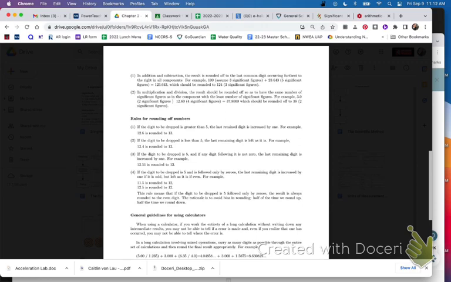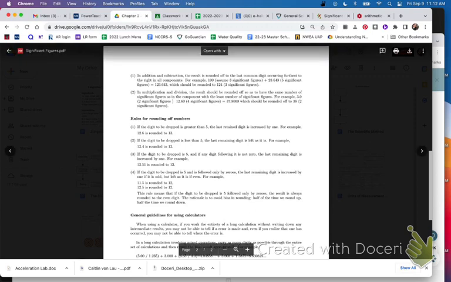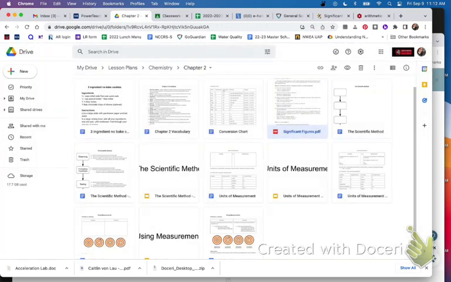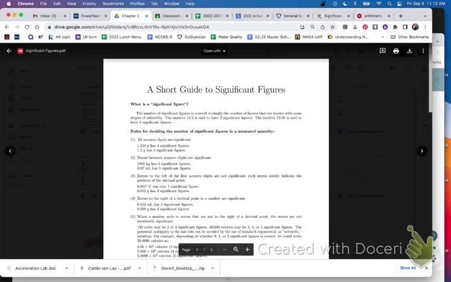Multiplication and division are different than addition and subtraction. When you are multiplying or dividing with significant figures, your answer should have the same number of significant figures as the least number of significant figures in your calculation numbers.